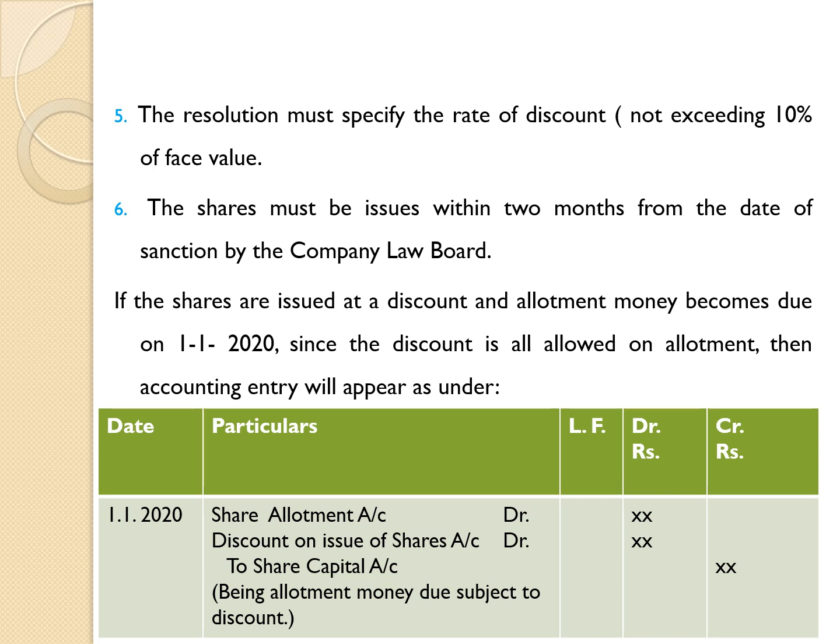When the amount of allotment falls due, share allotment account will be debited. If there is discount, then discount on issue of shares account will be debited and share capital account will be credited. Being allotment money due subject to discount.